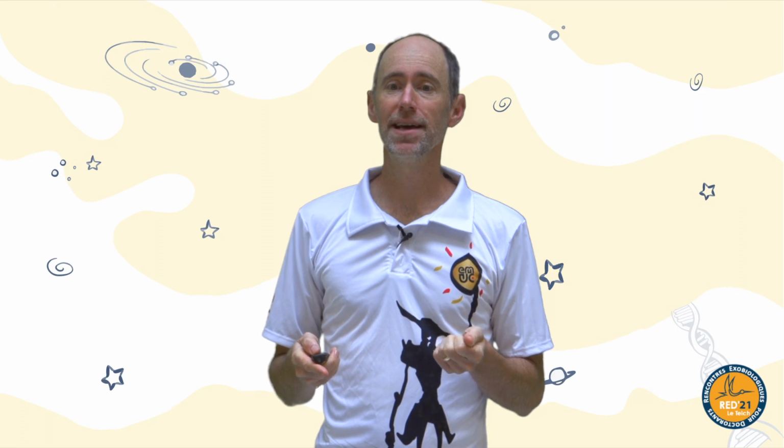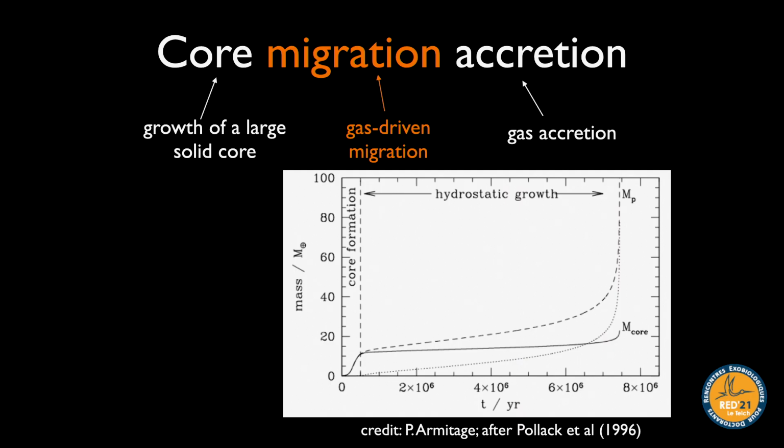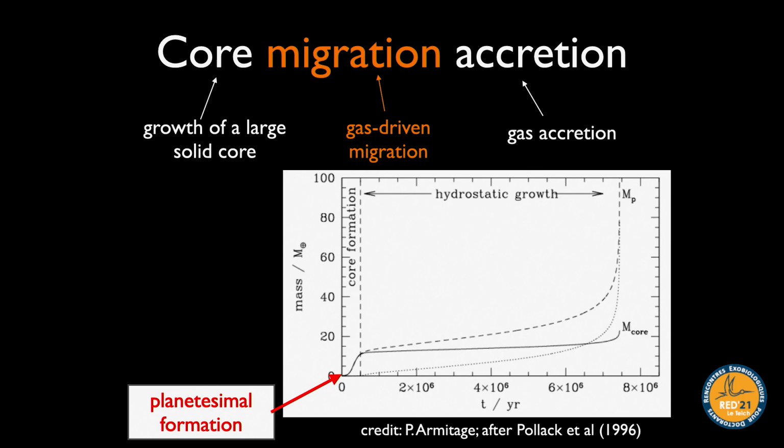Now here is a diagram just showing the cartoon, a very simple calculation of the standard core accretion model. And so I labeled some different parts of this. In terms of the processes going on, early on planetesimals must form.